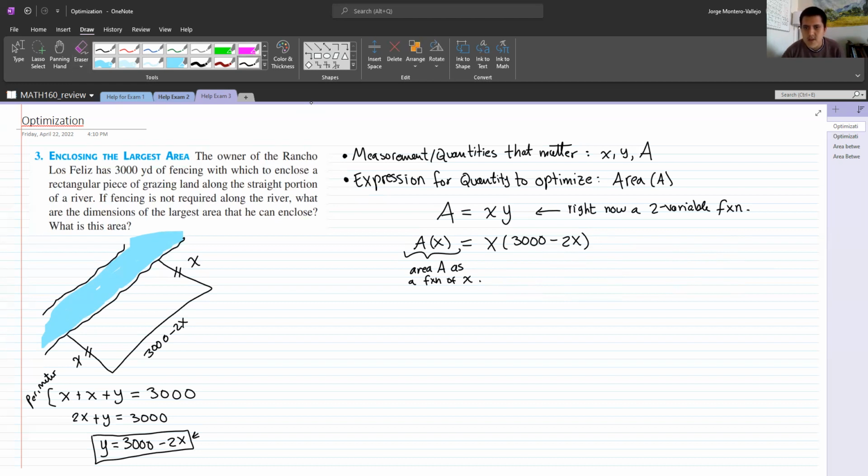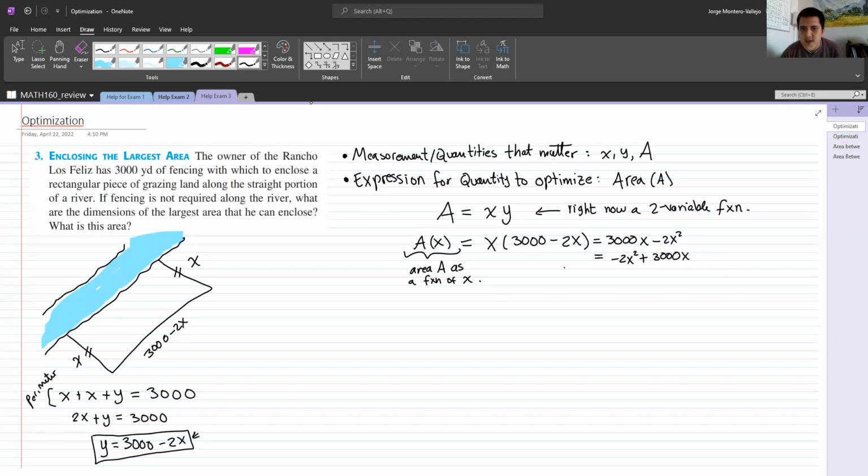Let's instead multiply this out to get our parabola. Remember that x times 3000 is just going to be 3000x, and then x times minus 2x is minus 2x squared. We want to rearrange it so that it looks like a polynomial in descending order of power. So minus 2x squared plus 3000x.